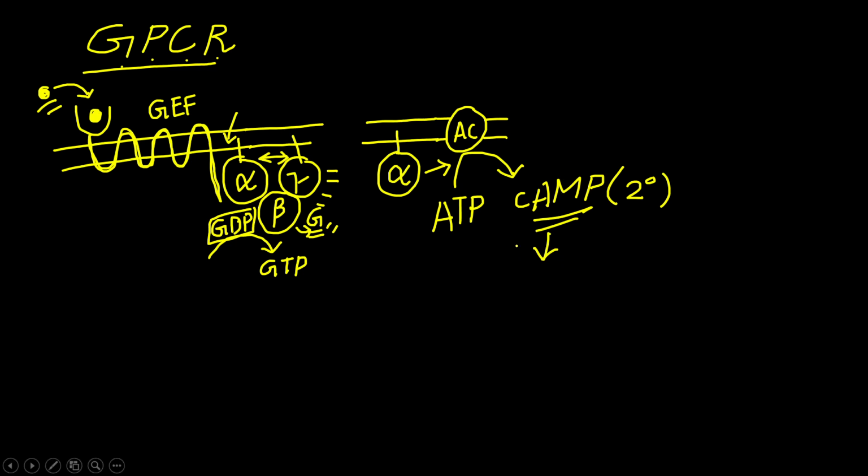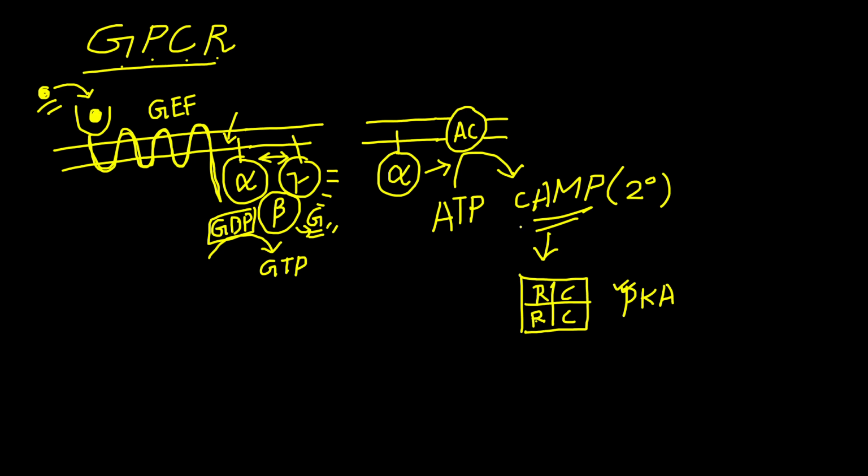So cyclic AMP activates other proteins like protein kinase A. Protein kinase A consists of 4 subunits, 2 regulatory subunits and 2 catalytic subunits. So this is called protein kinase A. Now, as the regulatory subunit is bound to the catalytic subunit, it is inactive.